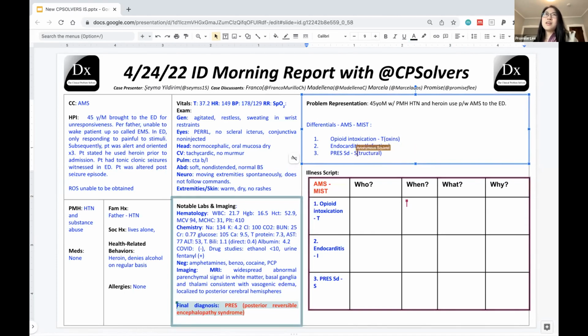So I want to just take a step back to reflect on this case first. We have a 45-year-old male with a past medical history significant for hypertension and substance abuse that presents with altered mental status, unresponsiveness, and seizure. And then we found that the MRI involves a symmetric white matter abnormality that suggests edema.